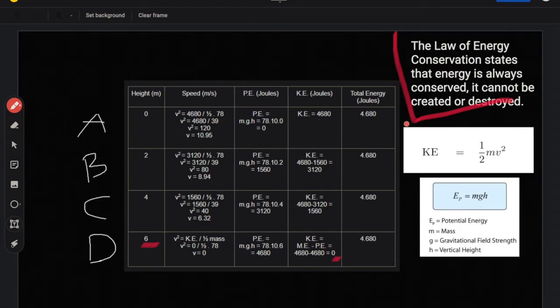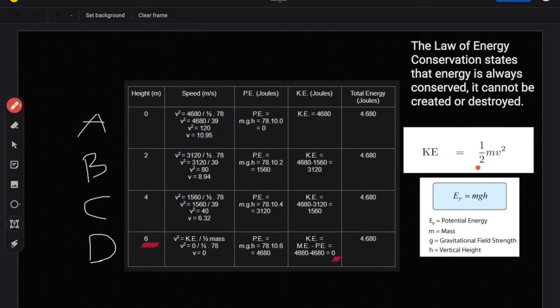it states that energy cannot be destroyed or created. So we know that the mechanical energy will always remain the same regardless of the potential energy or the kinetic energy. And from there, all I had to do was substitute everything into the equation to solve for kinetic energy and its speed as well.